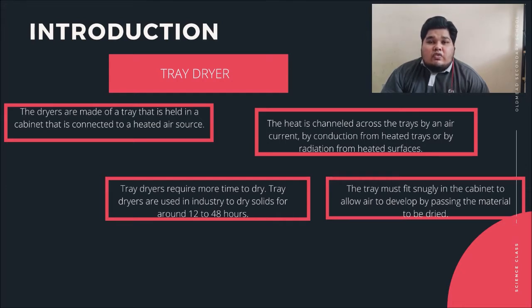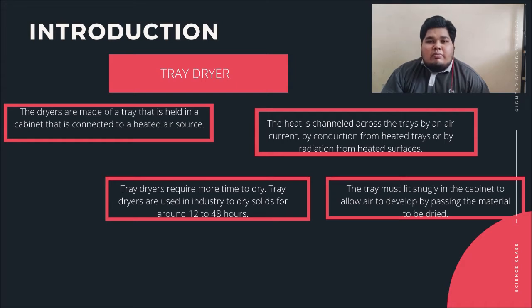The mechanism of tray dryers is that the heat is channeled across the trays by an air current, by conduction from heated trays or by radiation from heated surfaces. The tray must fit snugly in the cabinet to allow air to flow by passing the material to be dried.